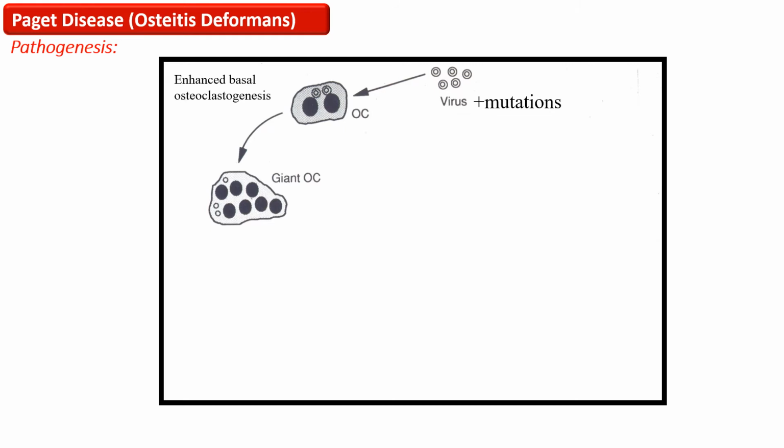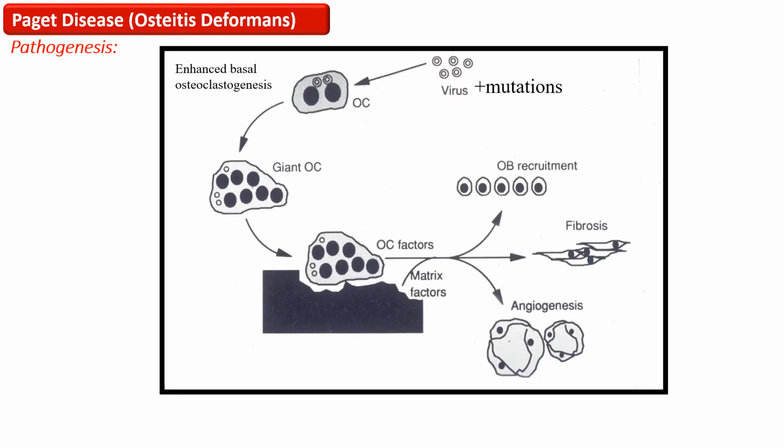And obviously, we can also see the viral DNA within the osteoclast. Now, these mutated osteoclasts start liberating various osteoclastic factors. Some are factors responsible for recruitment of osteoblasts, and others are matrix factors.